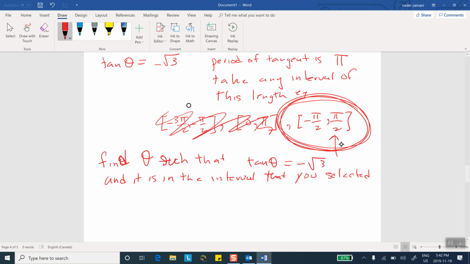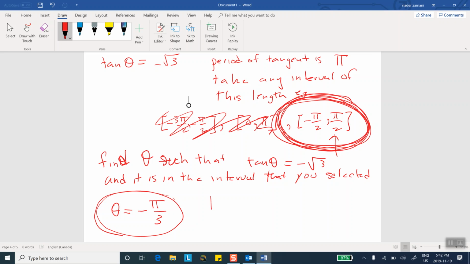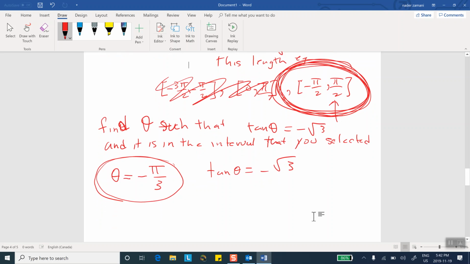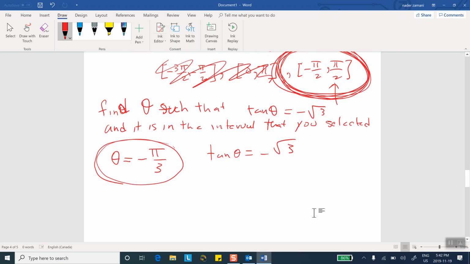Now you can always use your calculator to your advantage if you want, but you're going to get theta equal to minus pi over 3. Believe me, minus pi over 3 is in this interval. Try it. And tangent of theta is minus root 3. If you don't believe it, try it. So this is the only solution.